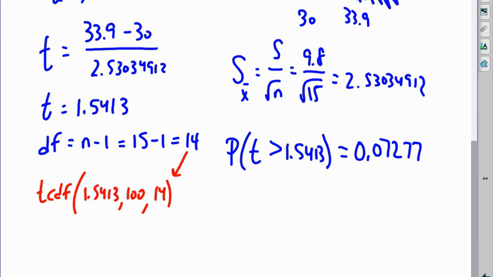Okay, what alpha were we testing this at? I don't think they said, so I will use alpha equals 0.05 because that's my favorite one.